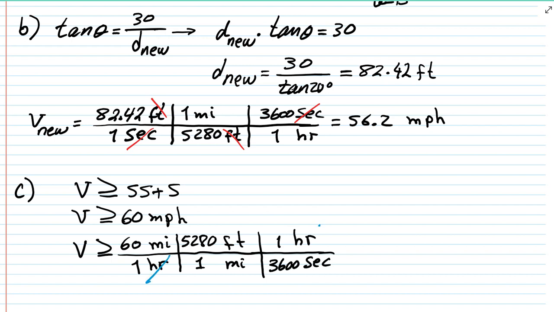You see that now I can cross out hours and I can cross out miles, and the final answer is going to be in feet per second, which is what I want. In terms of feet per second, this turns out to be 60 times 5280 divided by 3600. And you get 88 feet per second.